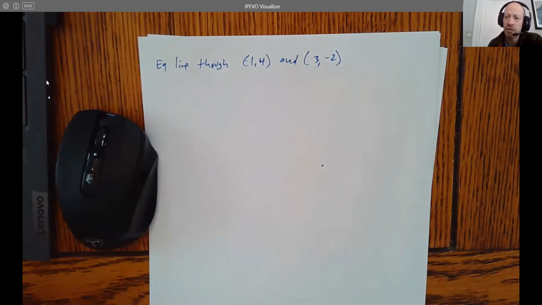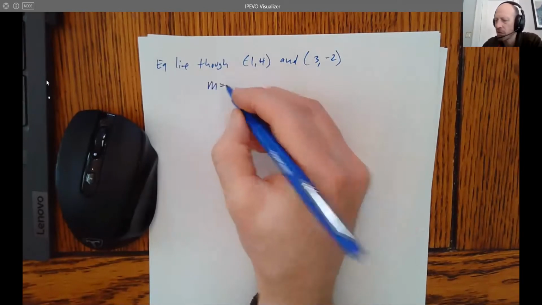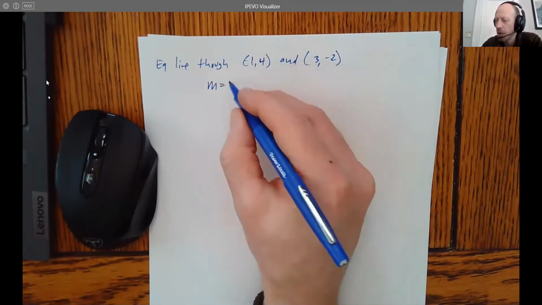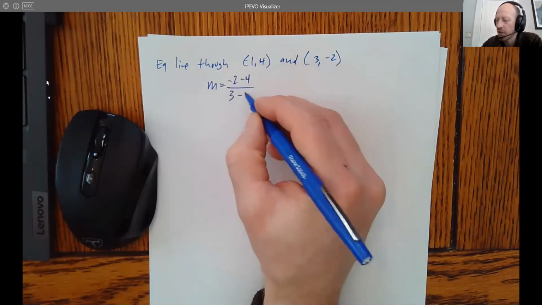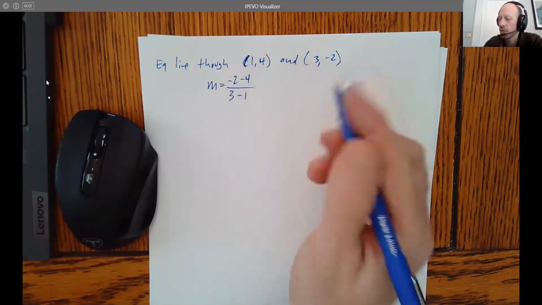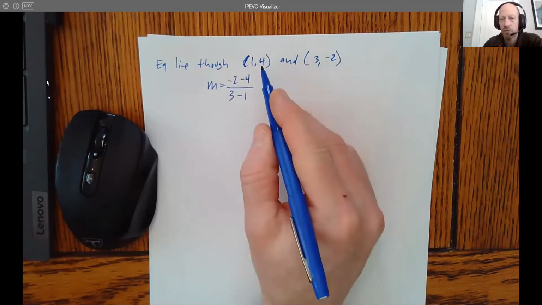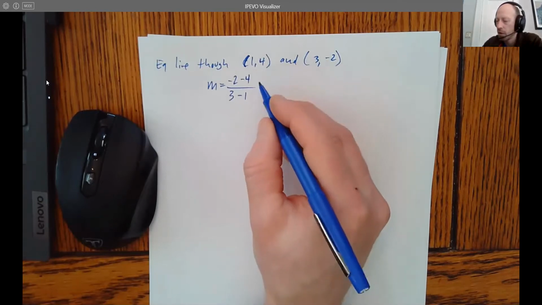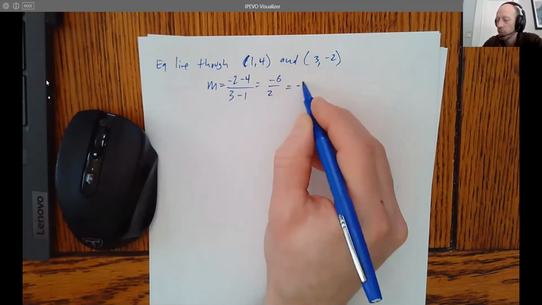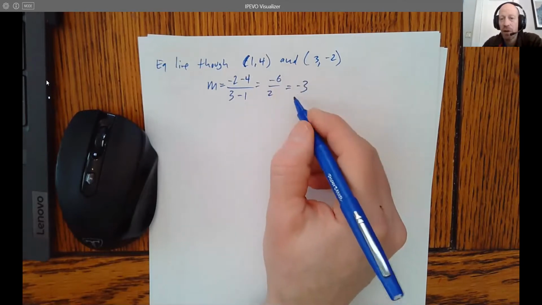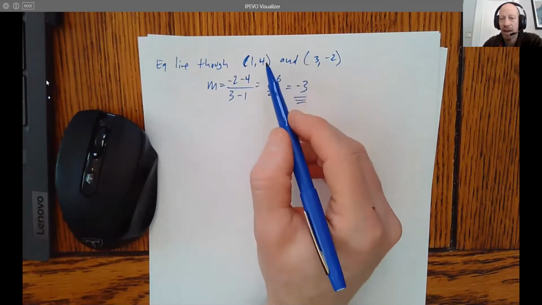Here the difference is we have two points, we don't have a slope, but you should remember how to find the slope. From these two points, I can find the slope: change in the y values over change in the x values. So -2 - 4 over 3 - 1 gives me -6/2, which is -3. Now I have the slope and I have two points.